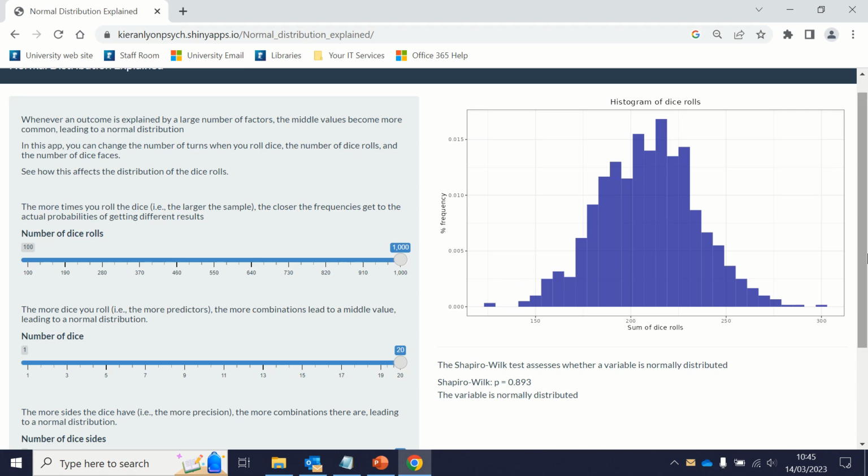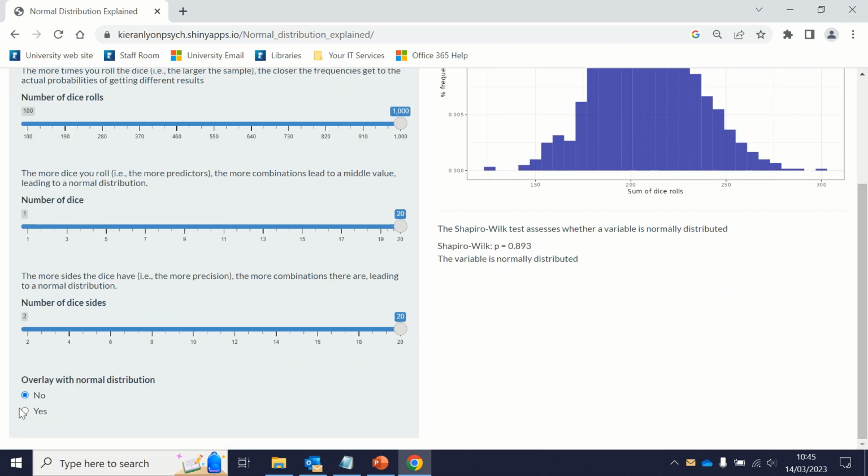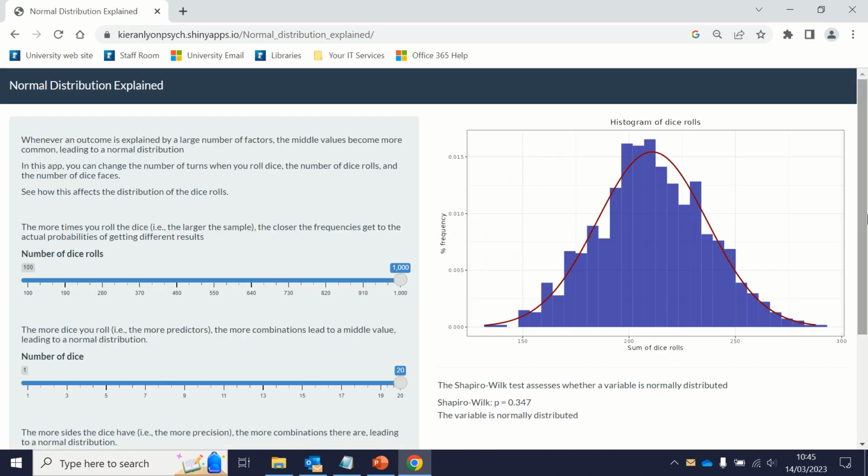We can see that with the Shapiro-Wilk test, and we can also add here an overlay with the normal distribution, and we can say yes, it is normally distributed. Wonderful. And so that's where the normal distribution comes from. Lots of predictors with lots of different levels, in lots of different people, with lots of combinations, most likely giving the mean value.